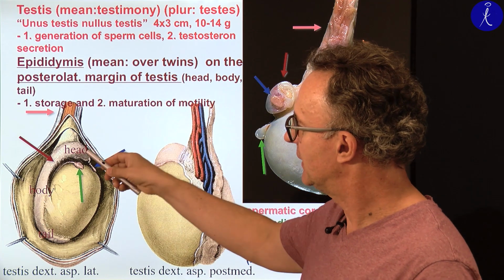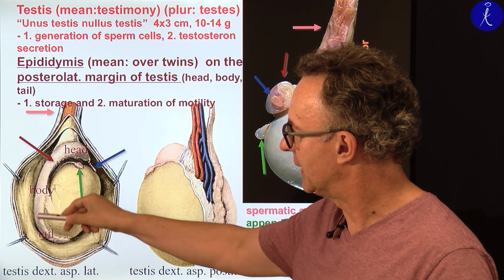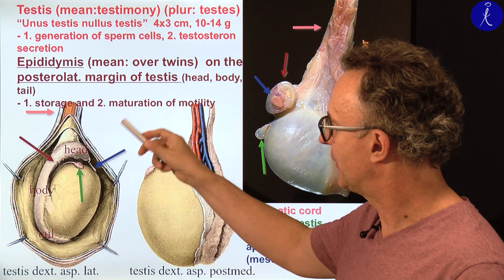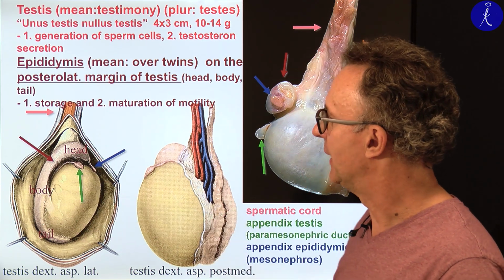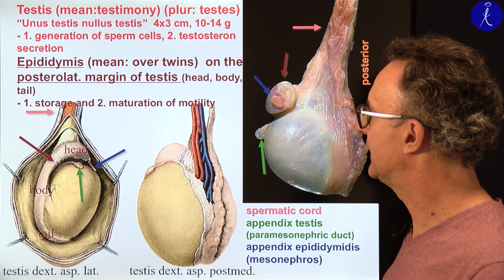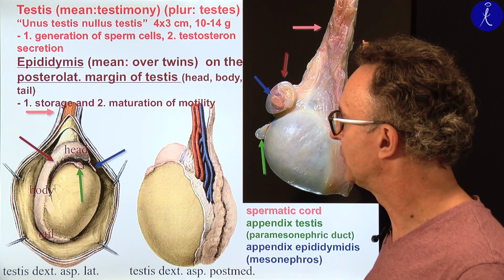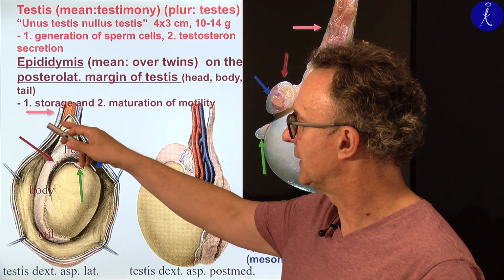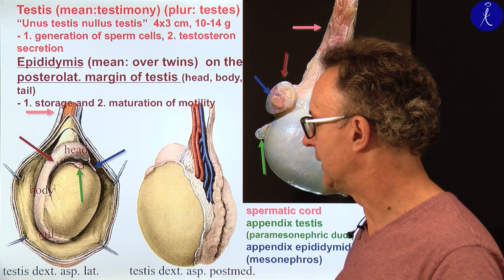It is surrounded by the epididymis, having a head, a body and tail on the posterior and lateral margin of the testis. And the epididymis means over the twins, and so the major function is the storage of the sperm cells created in the testis, and then the maturation of the motility.